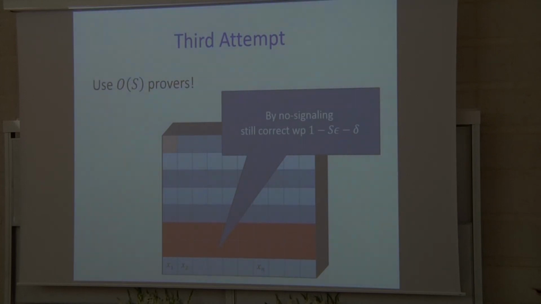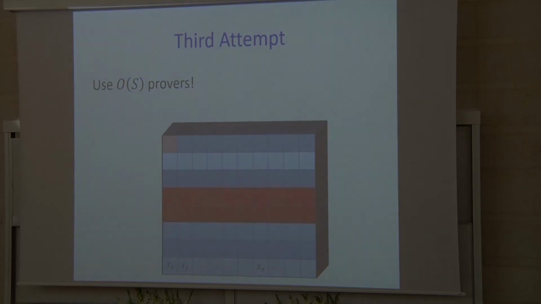So when I read the entire second layer, I'm supposed to get the correct answers with probability 1 minus s times epsilon minus delta. As for the third layer, as before, it's going to be consistent with probability 1 minus s times epsilon. So taking a union bound over these two events, we get that the third layer is correct with probability 1 minus 2s epsilon minus delta.